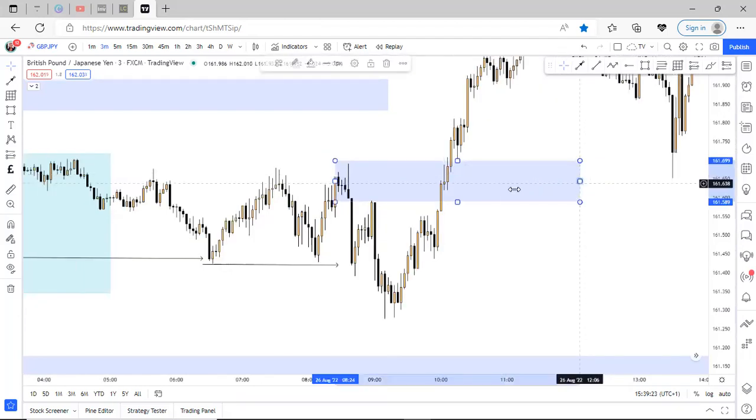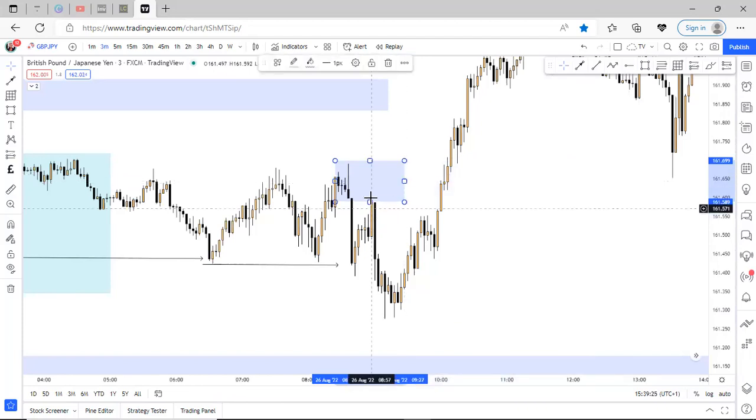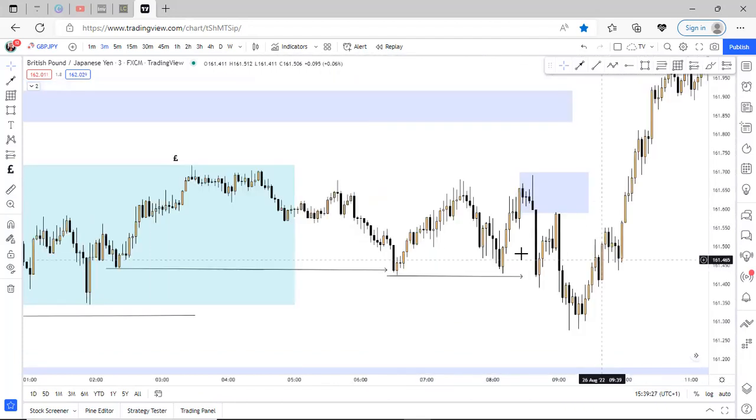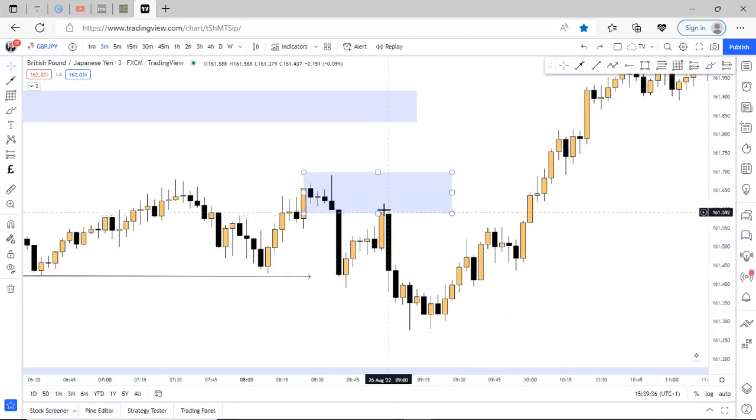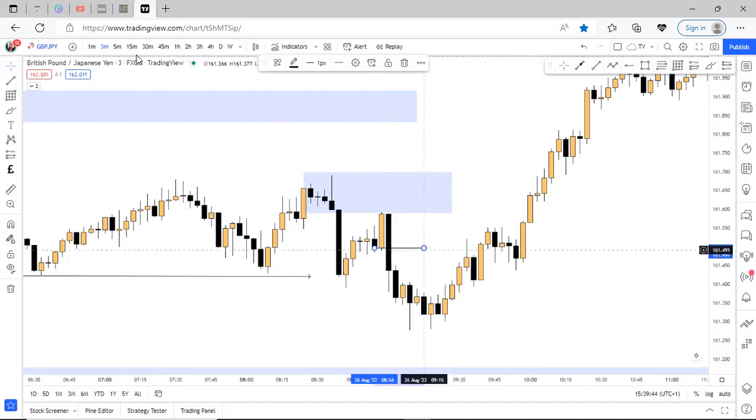So the market came in and tapped. It was really a fast movement because once price spiked into this level, it dropped immediately. By the time I executed a sell, I think my order was filled somewhere around here. It was filled at a late price, and I was really annoyed.